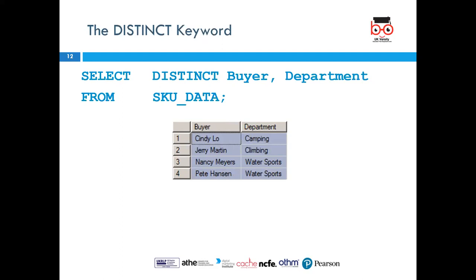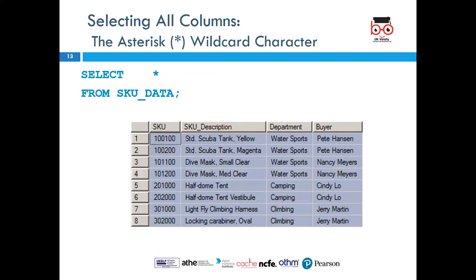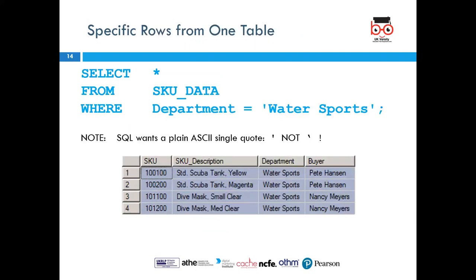Then we have distinction keywords. These, for example, are keywords that cannot be replaced, and they are reserved keywords, so they have one meaning. You need to note that SQL wants a plain ASCII single quote, and a value that is unique cannot be repeated.